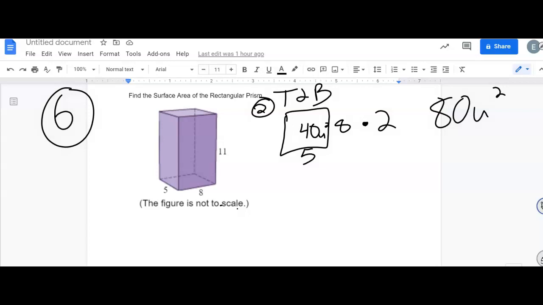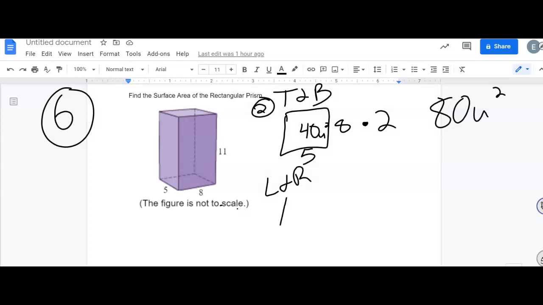Where would we like to go next in solving for this? Alex. Where would you like to go next? We have found the top and bottom area, so where would you like to go next? Good. Left and right.